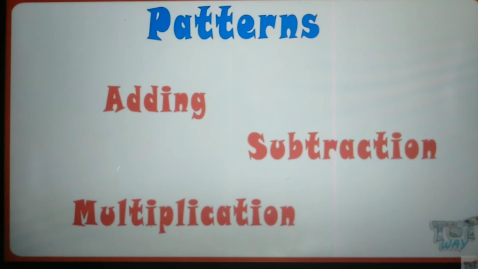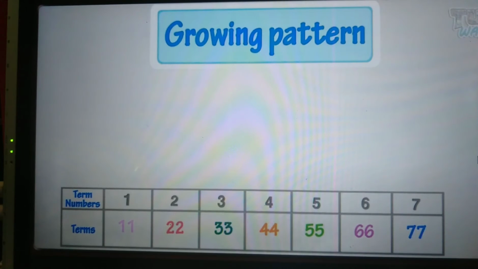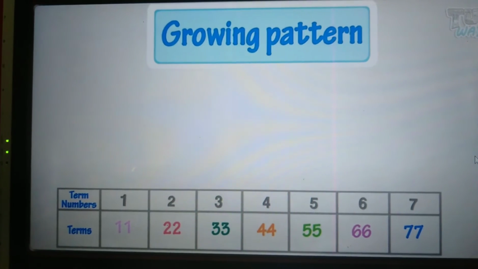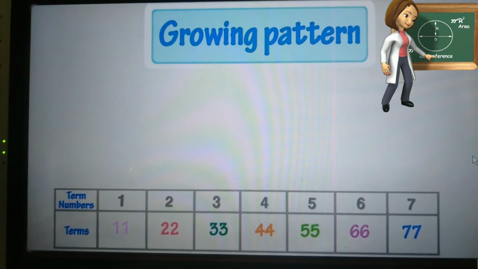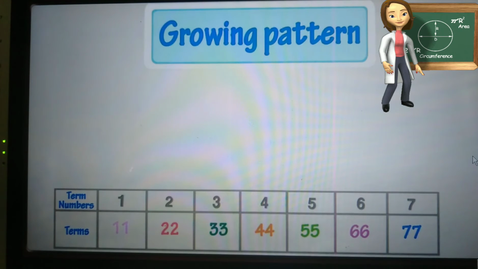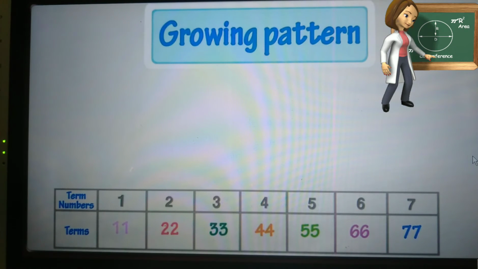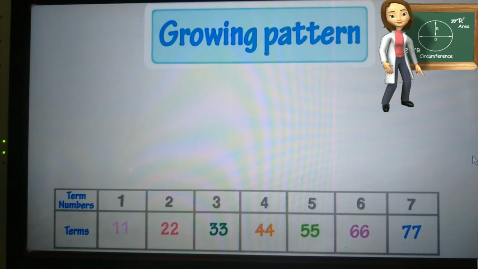And here are the different parts of the pattern: adding, subtraction, and multiplication. Okay class, now we will go to the growing pattern. So let's watch it and I hope you understand it, okay?